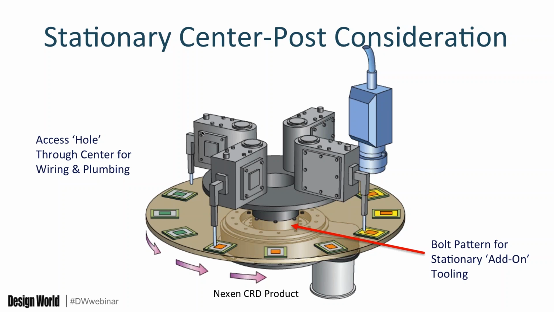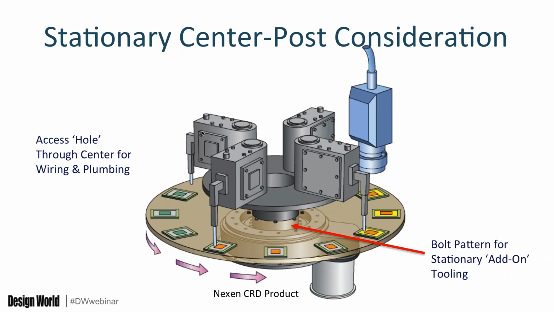In this illustration, you can see that the post is securing some pick-and-place devices. Now, pick-and-places are often used in conjunction with a dowel plate because you will have rotary transfer, rotary automated assembly and transfer.